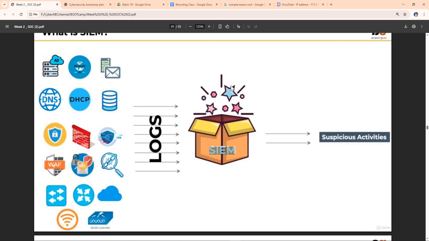For example, if you are watching someone's system, and every day the person comes in and logs in with a maximum of two attempts, the person has logged in with the correct password. Even if he makes a mistake on the first one, probably because of a typo, on the second one he gets it. So on this particular day, you are seeing from the system that there are 15 or 10 login attempts, all failed.